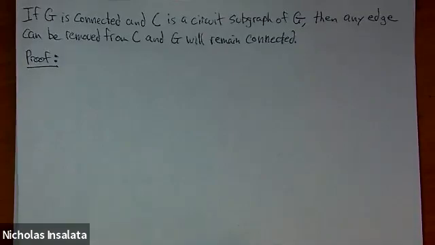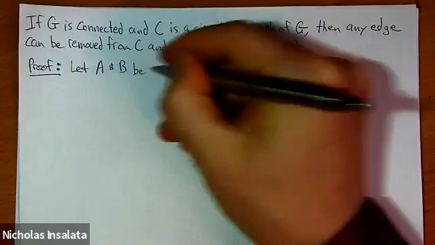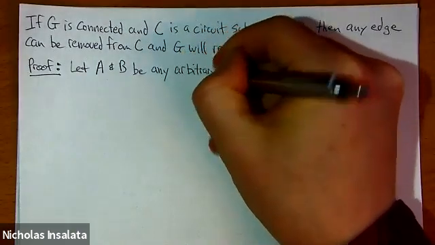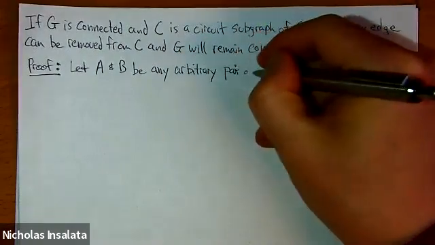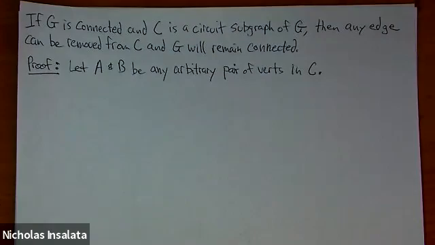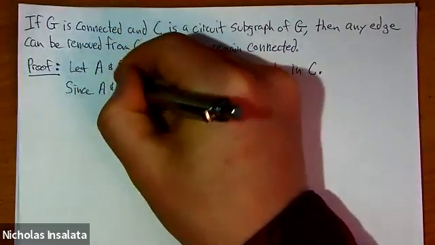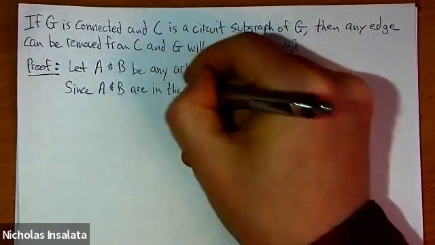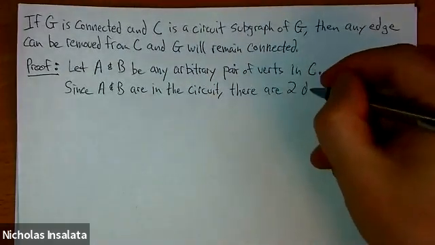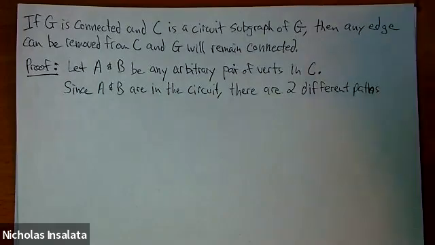Okay, so let A and B be any arbitrary pair of vertices in the circuit C. So by definition of a circuit, or I'll just say since we have a circuit, since A and B are in the circuit, there are two different paths between them.